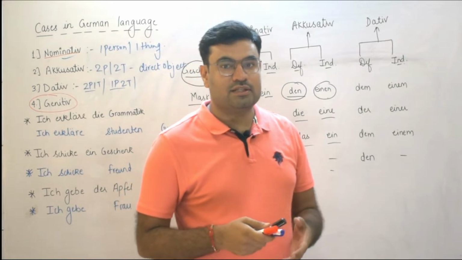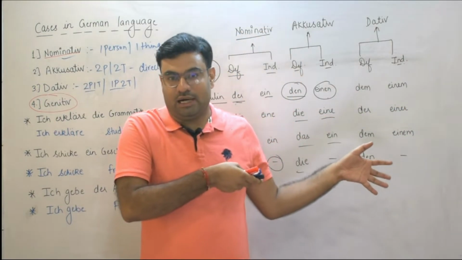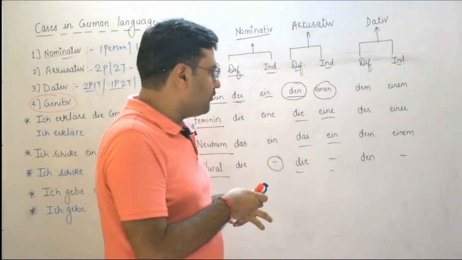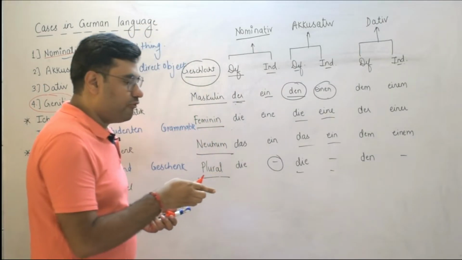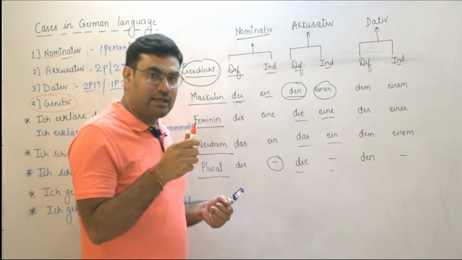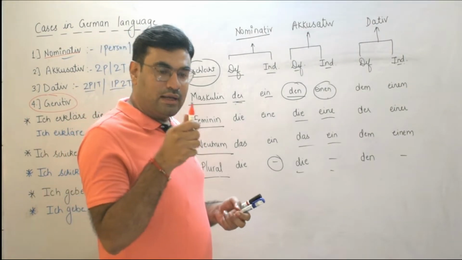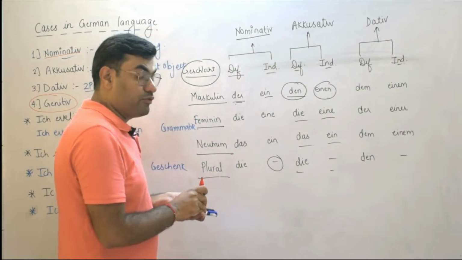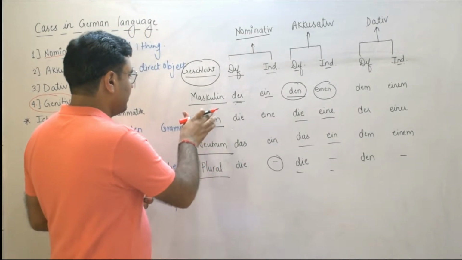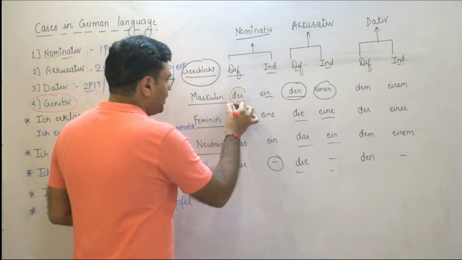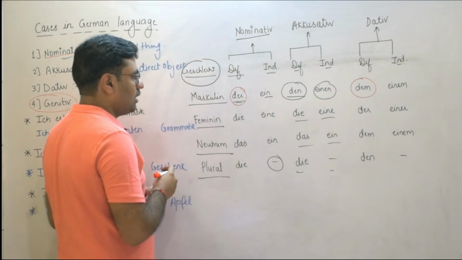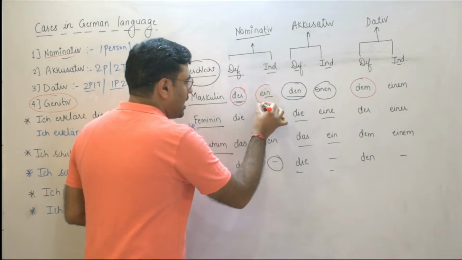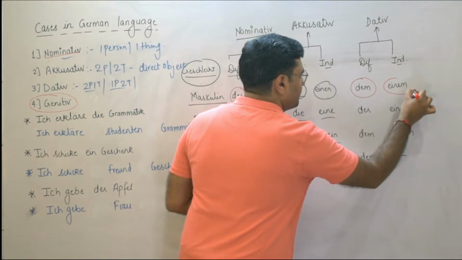Now in this particular lecture, we will be adding dative articles also. So what are dative articles? For masculine, if a sentence is in dative case, the masculine der becomes dem, and in the indefinite sense, ein becomes einem.